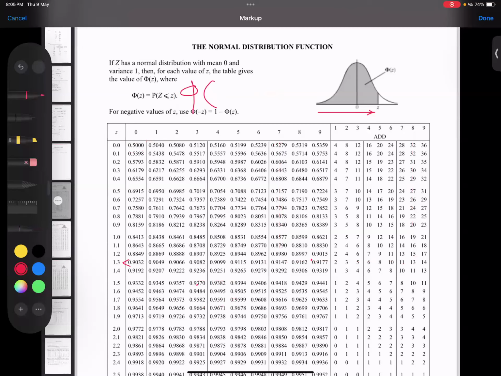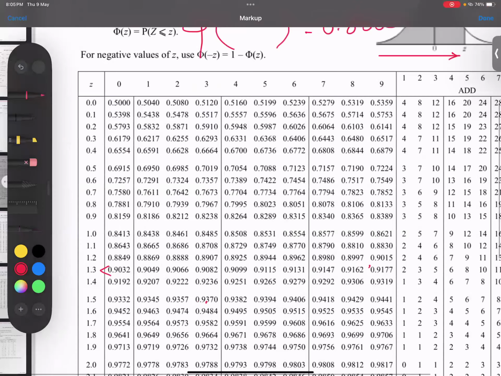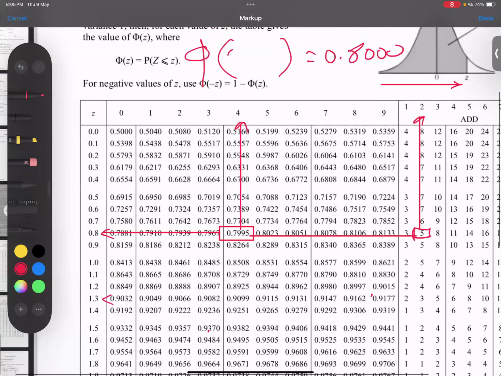So phi of what number equal to 0.8000? You know this number comes from here, and from here I got 0.8. From the top, I got a 4, and I add 5, I'll get my answer. And there's a 2. So it means 0.842. So I think student, you got my point.